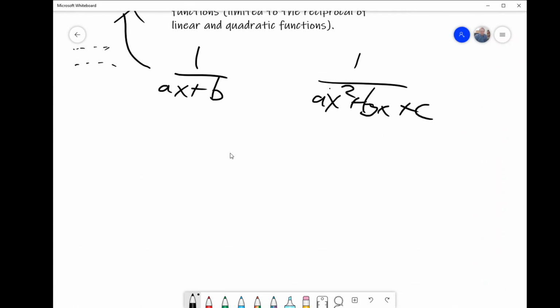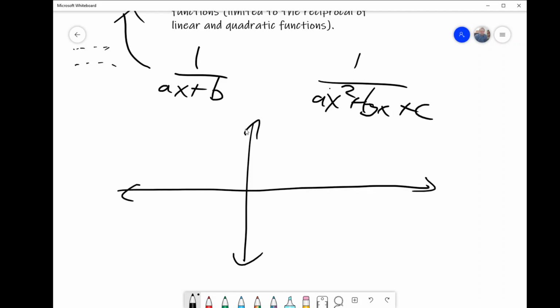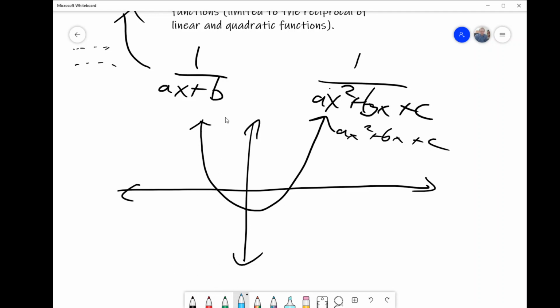And the key here is to remember what happens when you reciprocate a number. So if this is ax squared plus bx plus c, then the reciprocal function is going to have what we call asymptotes.